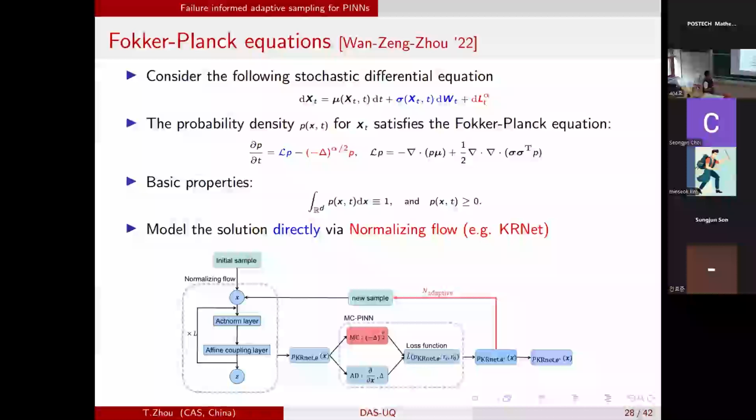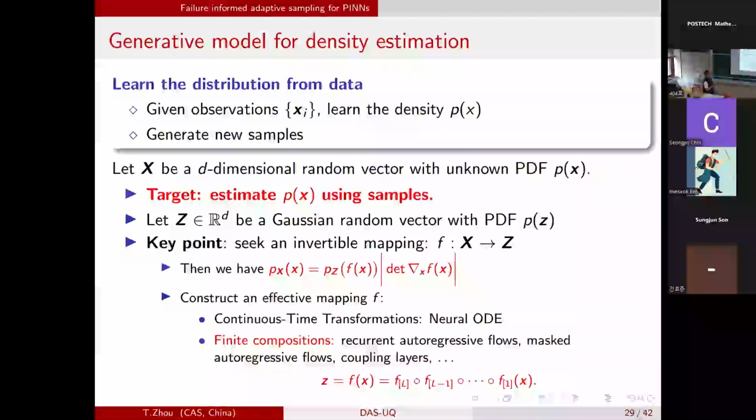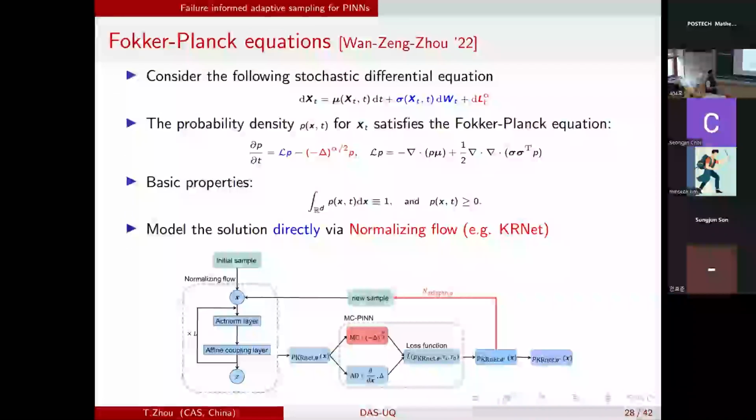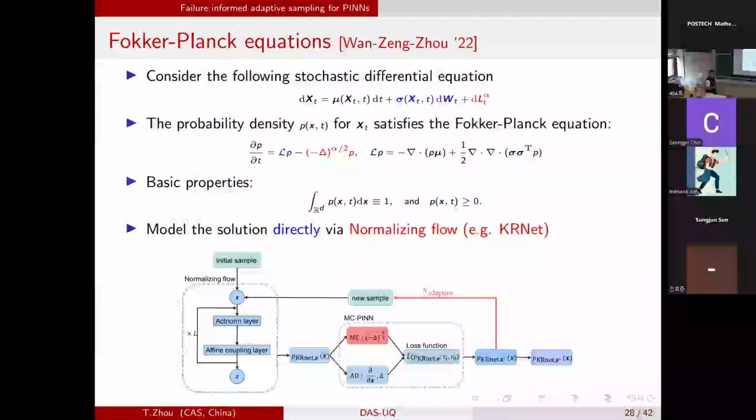Normalizing flow is a special neural network, and it will automatically satisfy these kinds of constraints. It is frequently used in density approximation in imaging science and generative models.